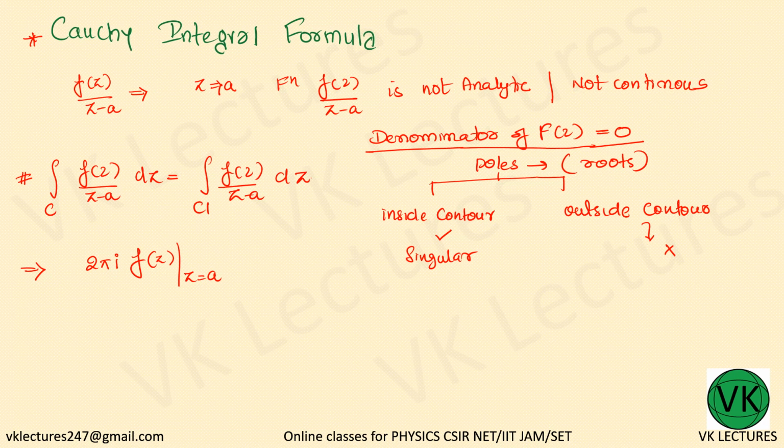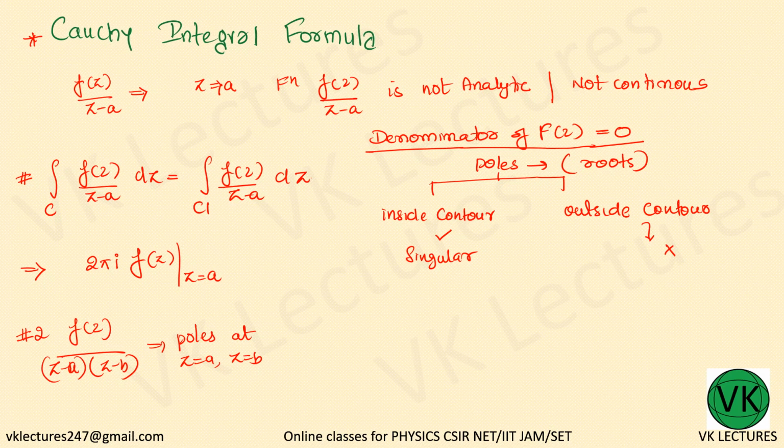Now suppose there are two poles, say for example f of z divided by z minus a into z minus b. Then we have the poles at z equal to a and z equal to b. That means at z equal to a and z equal to b, the function is not analytic.